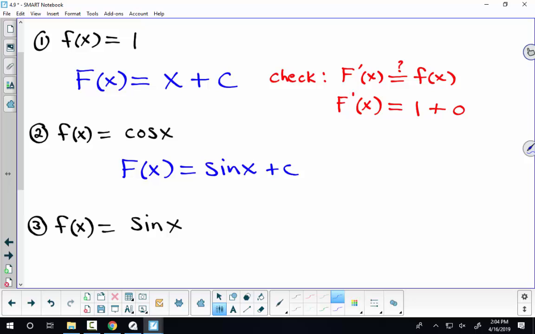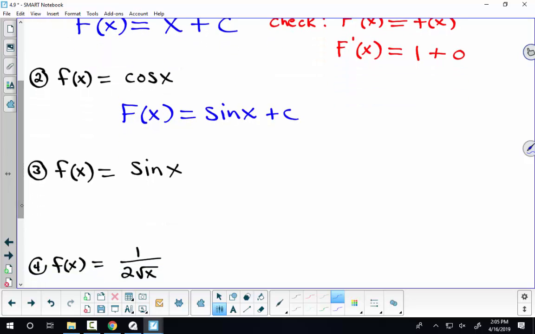Usually it's plus c, but it's whatever. The convention is just plus c. So the antiderivative of cosine is sine. What's the antiderivative of sine? Negative cosine. Do y'all agree? If I take the derivative of negative cosine, I should get sine.